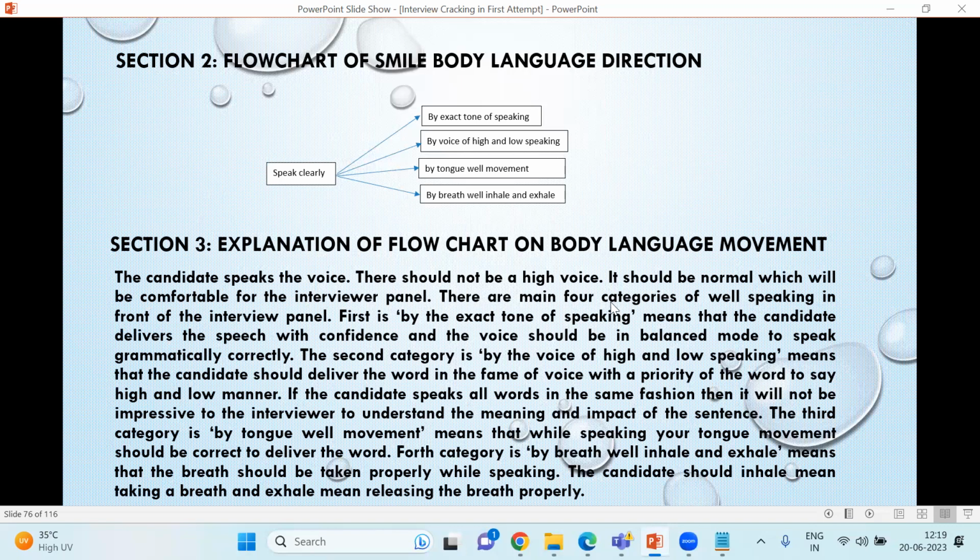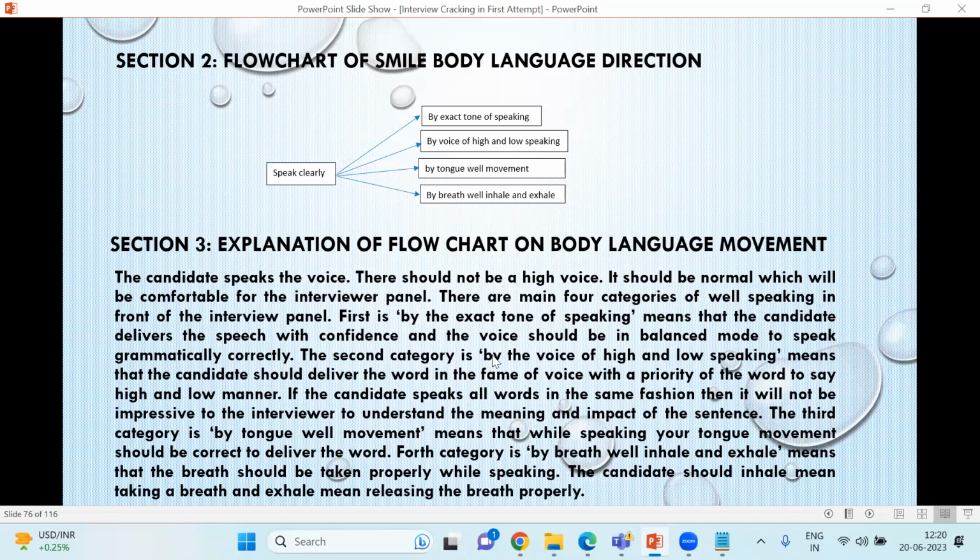There are four main categories of speaking well in front of the interview panel. The first is the exact tone of speaking, which means the candidate delivers the speech with confidence, and the voice should be in a balanced mode, speaking grammatically correctly.